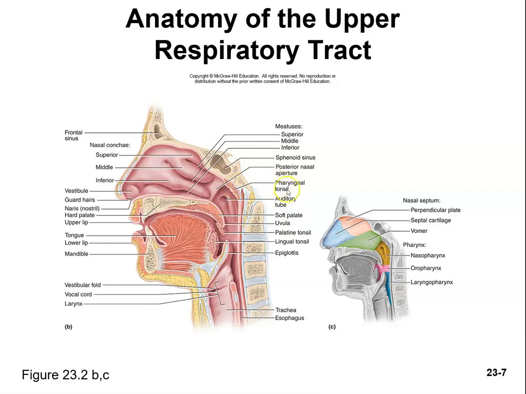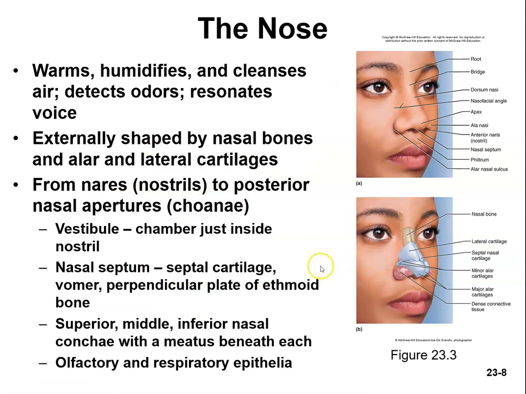pharyngeal tonsils. And here's the breakdown of the nasopharynx, oropharynx, and laryngopharynx. If you look at the nose, it warms, humidifies, and cleanses air, detects odors, and resonates the voice. Root, bridge, dorsum, nasofacial apex.